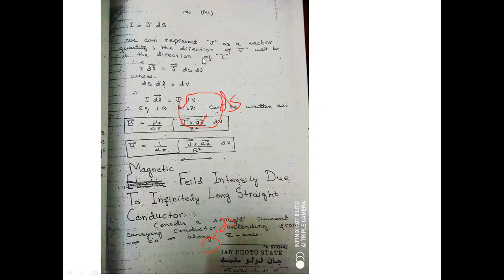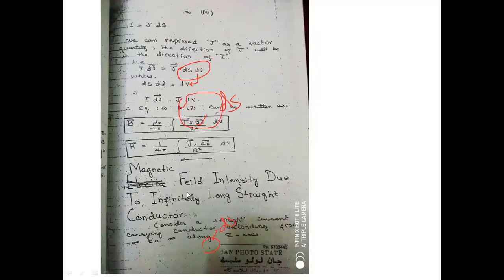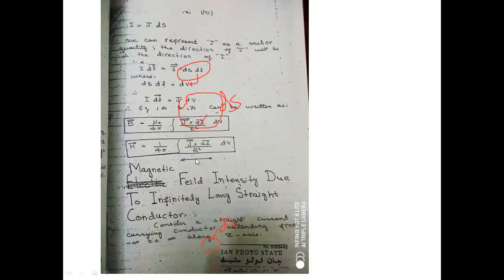And now this ds dl is actually the volume. As we can see from the figure, ds times dl is equal to the volume. Therefore I dl is equal to J dv.